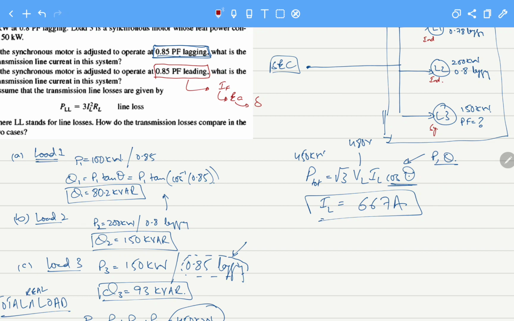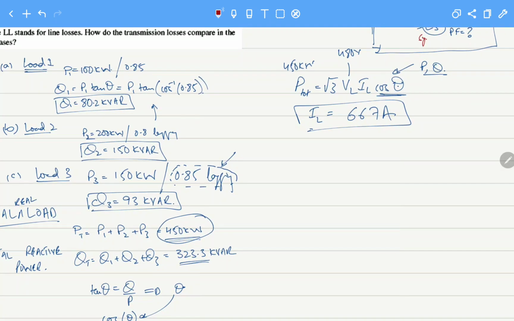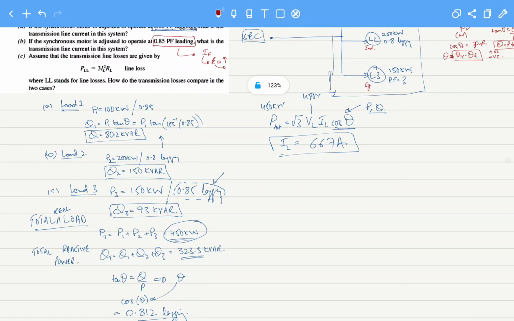In this way we are able to change this angle by changing the amplitude, and also we make our motor generate reactive power instead of absorbing reactive power.